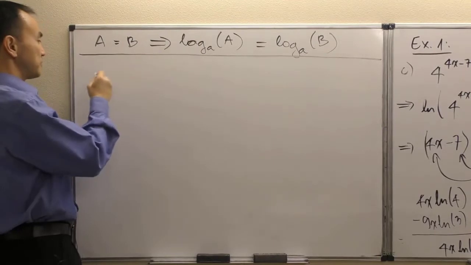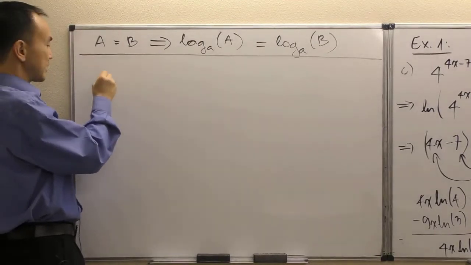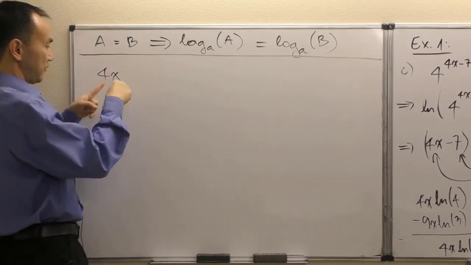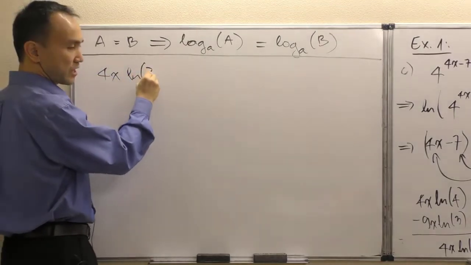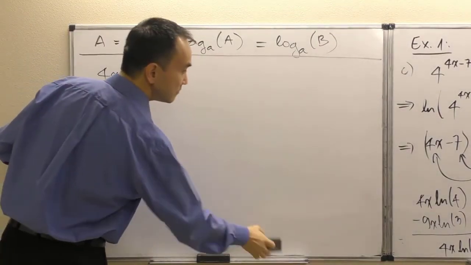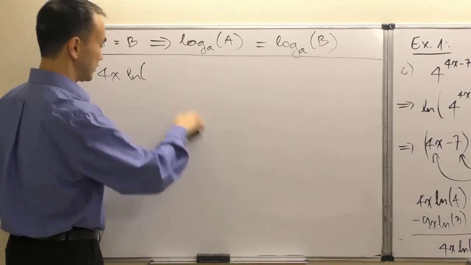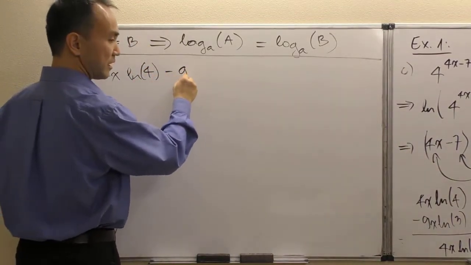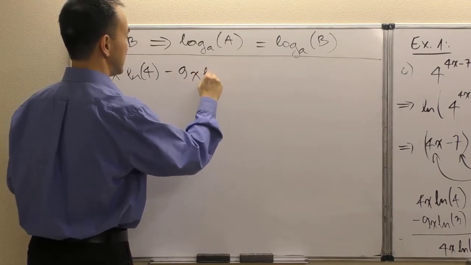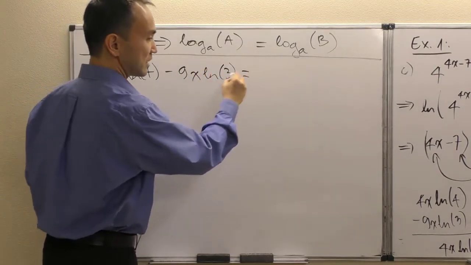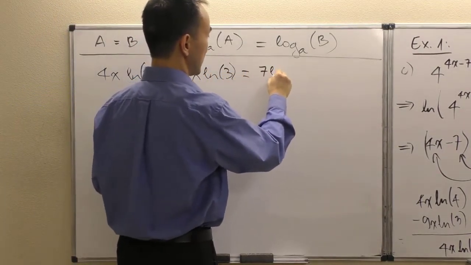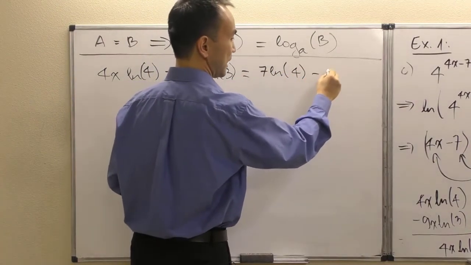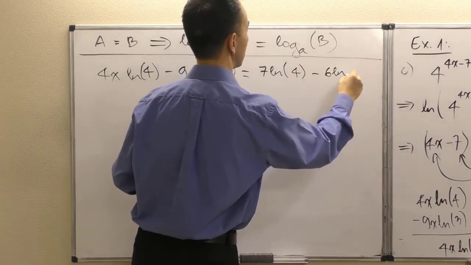All right, so from the most recent step that we were at, 4x times natural log of 4 minus 9x natural log of 3, and all that was equal to 7 natural log of 4 minus 6 natural log of 3.